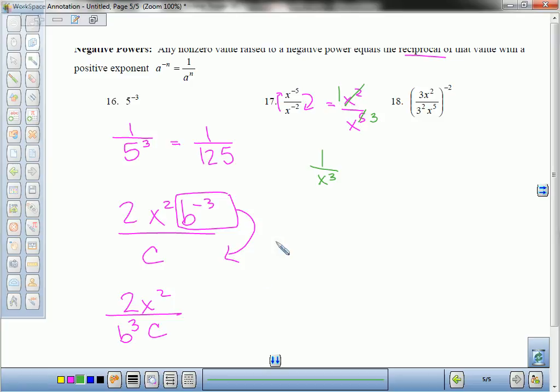So what I would do on this problem is, I would start by saying, okay, this 1 3 cancels with one of those. 2 of these x's cancel with 2 of those. So what I'm really left with is 1 over 3x cubed.